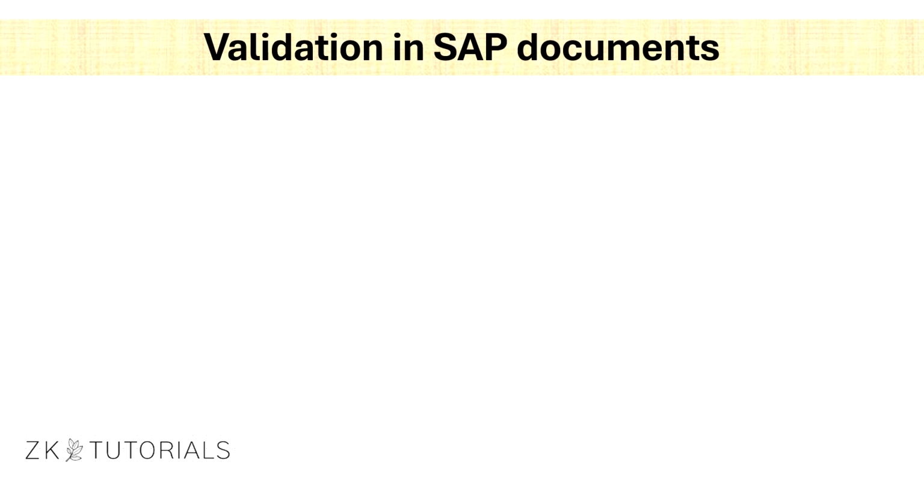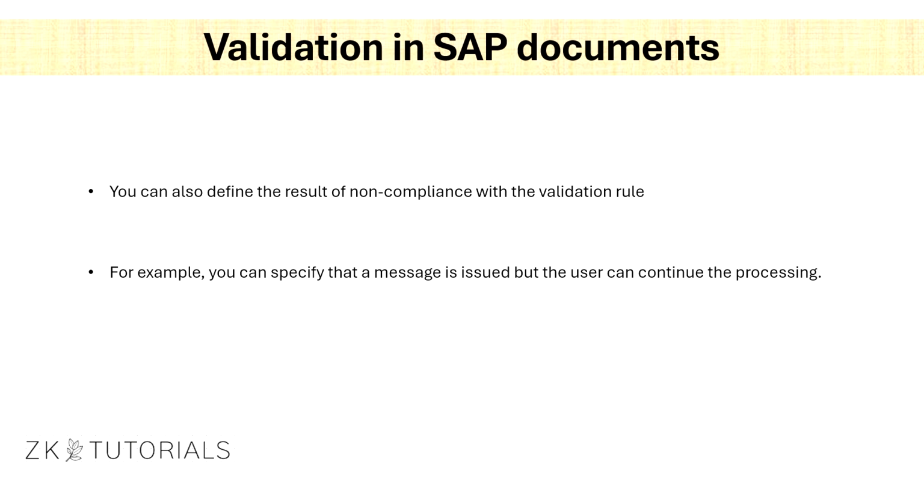In the next slide, we can also define the results of non-compliance with the validation rule. For example, you can specify that a message is issued but the user can continue the processing. You can also force the user to correct the error before processing can continue.